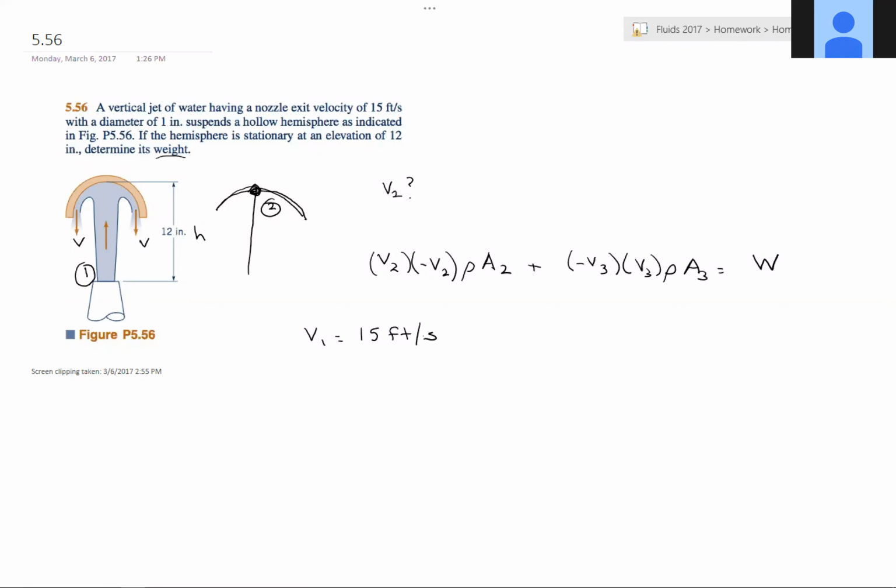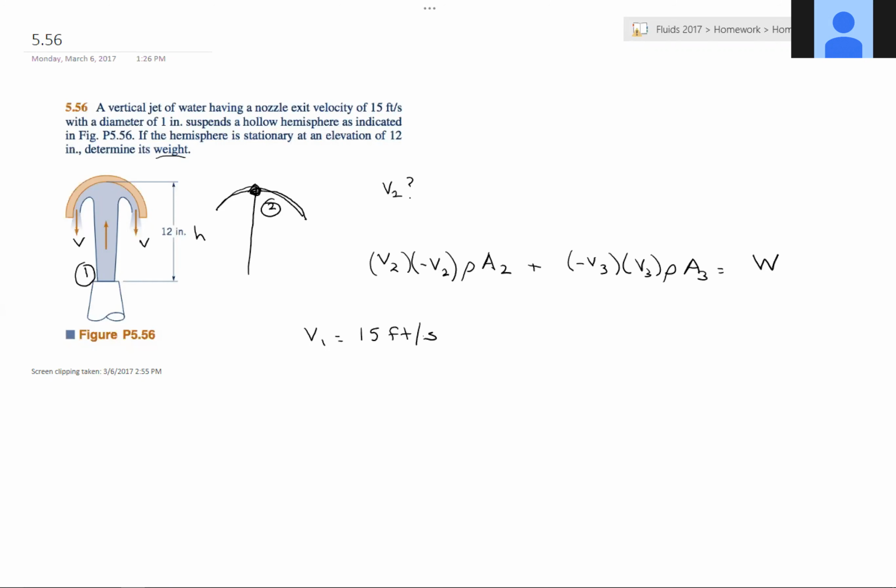And what else? Because the problem is, we don't need V2, and why, or P2, why not? Is there a pressure there? Right, it's open to the atmosphere, so it isn't.